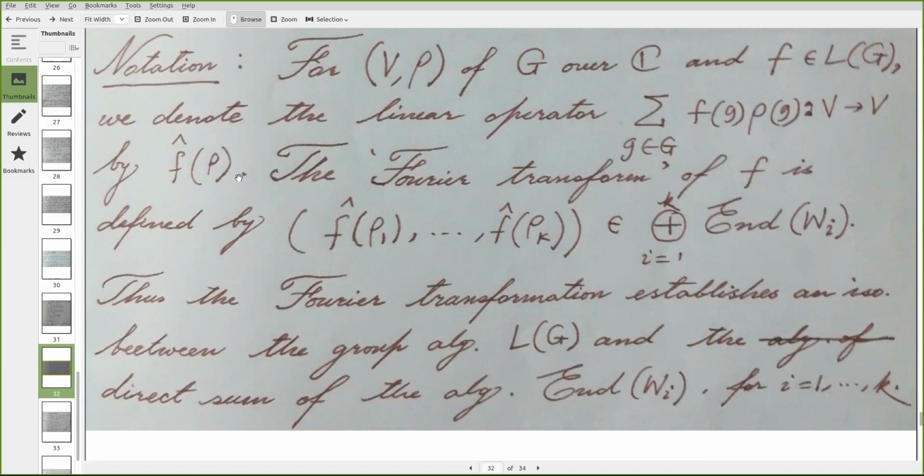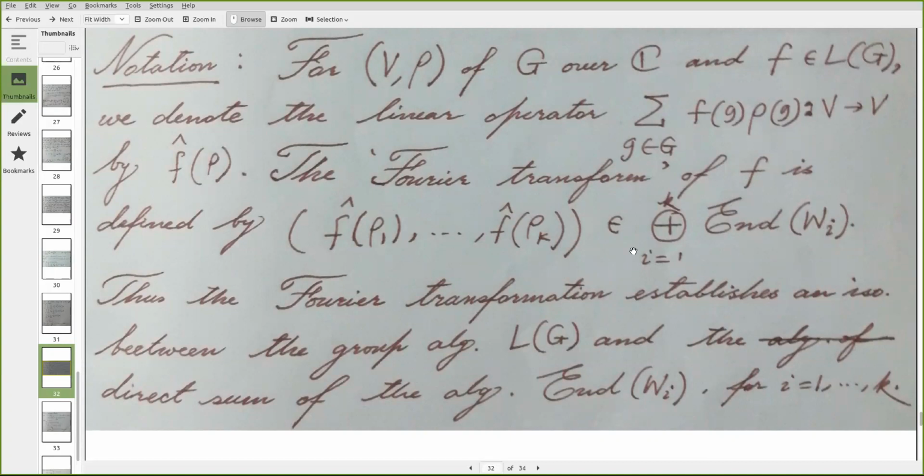And with this notation, we shall now define the Fourier transform in the setting of a general finite group. For any given f, we shall define its Fourier transform by this tuple, which belongs to the direct sum of endomorphism algebras.